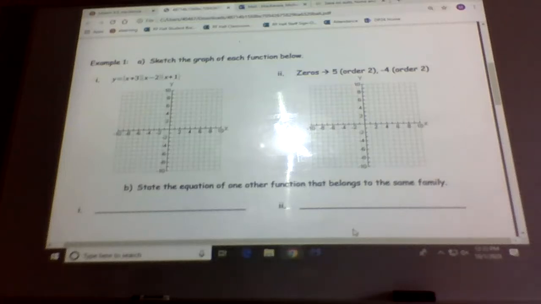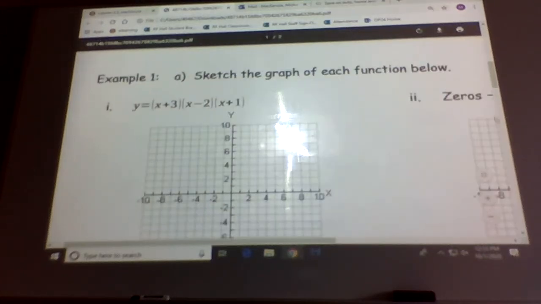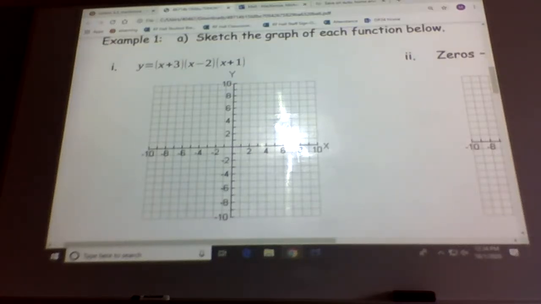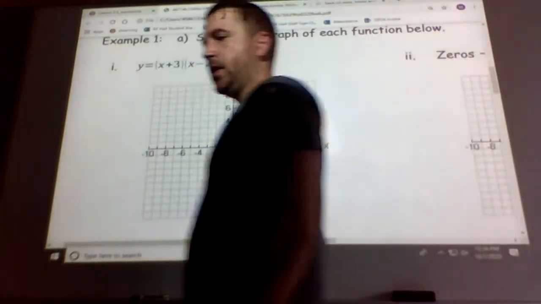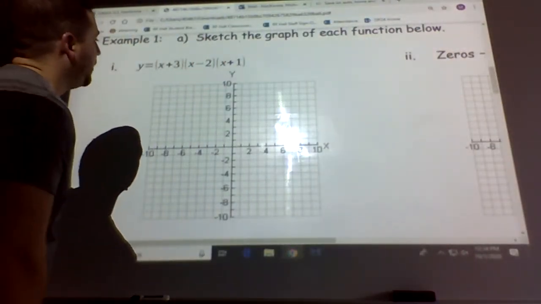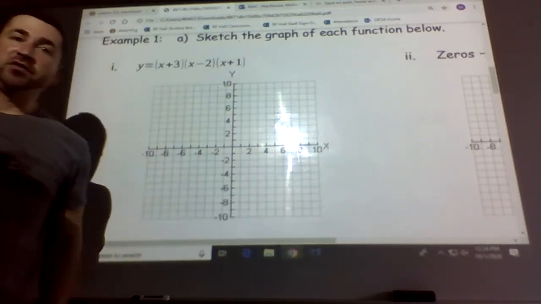Okay, sketch the graph of each function. You would have learned in the previous chapter, in section 3.2, about end behaviors. So this one here is an odd function.